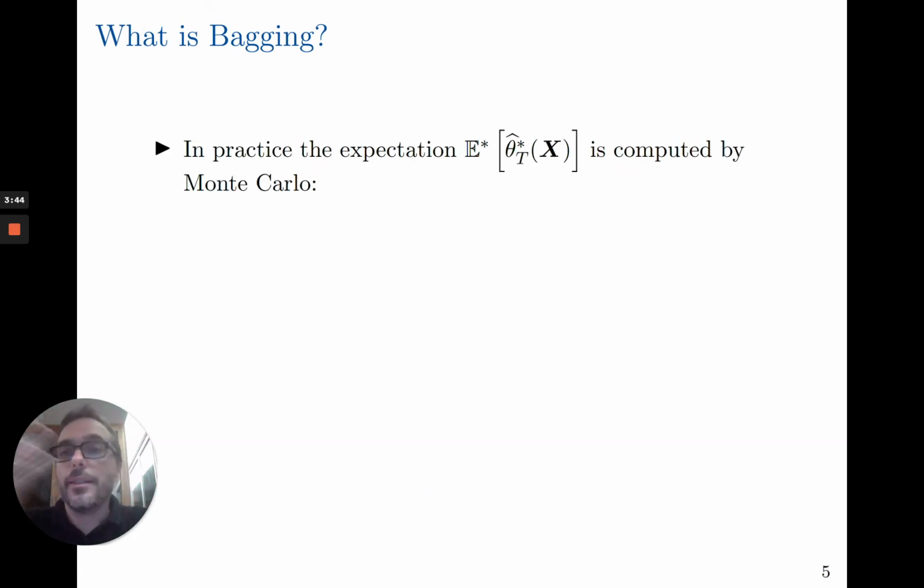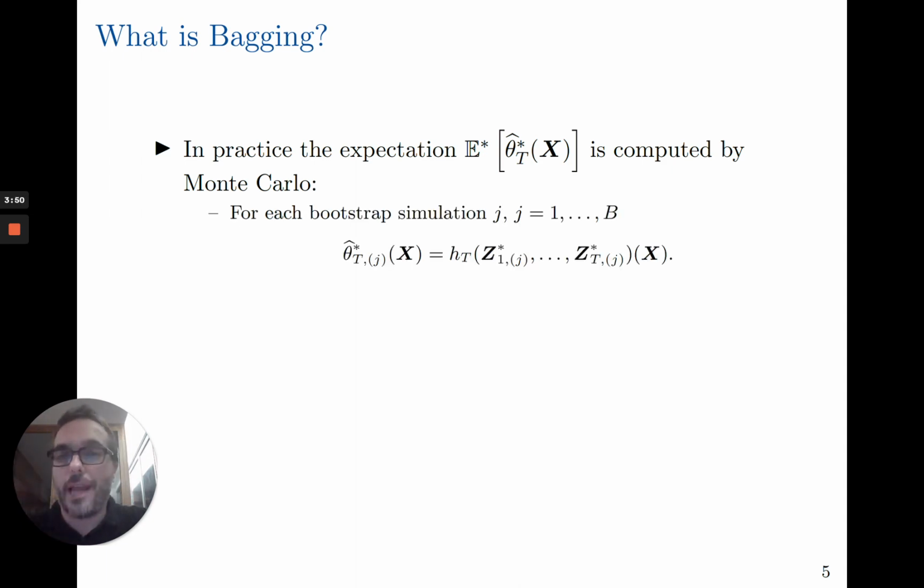So in practice, the expectation will be computed by Monte Carlo. For each bootstrap simulation, we are going to repeat this resampling technique capital B times. So we go to the original data set and sample with replacement. For each bootstrap sample, we compute the statistic of interest that we are going to call theta star hat j, because it means that it's the jth bootstrap sample, and it's going to be computed as shown on the slide.